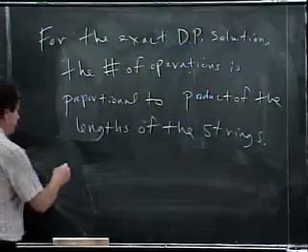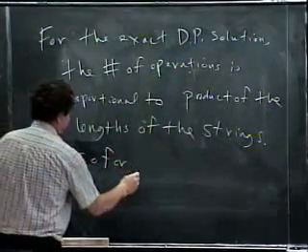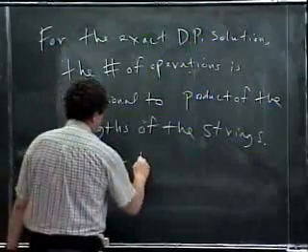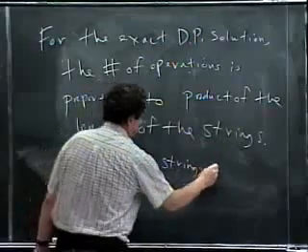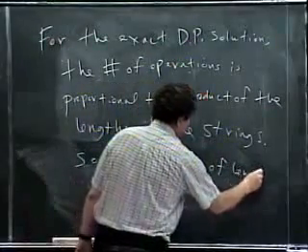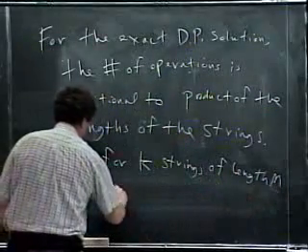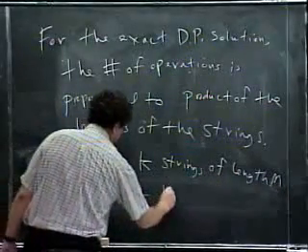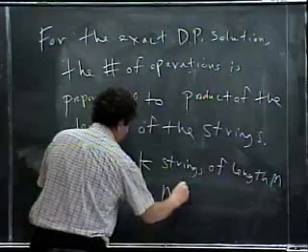And so, for let's say k strings of length m each, that means it's proportional to m to the k.